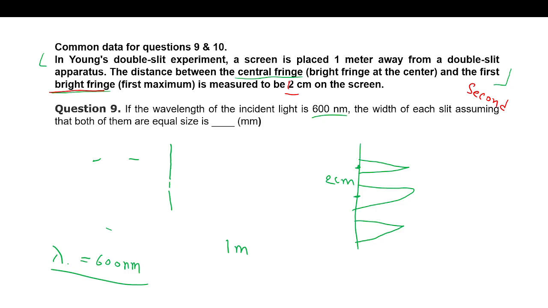Just forget about this value now. I just change it to second, and here 3 centimeter. What could be the answer here then? From here to here, the distance is 3 centimeter.